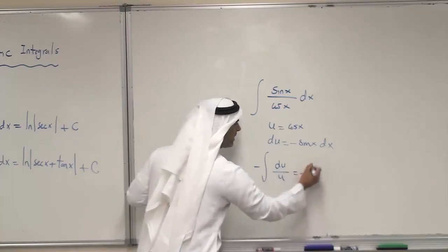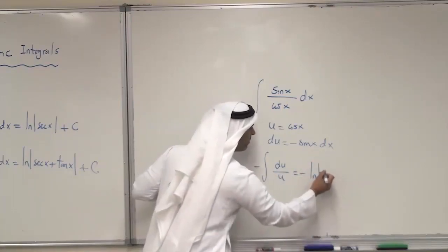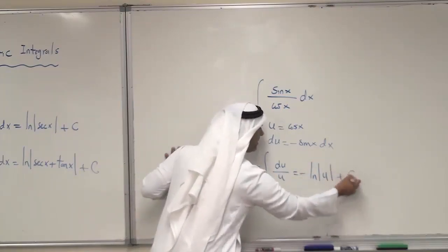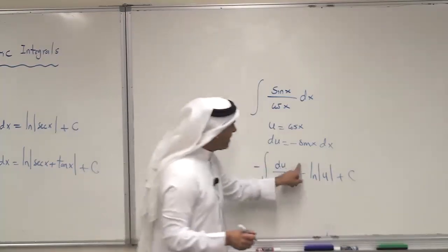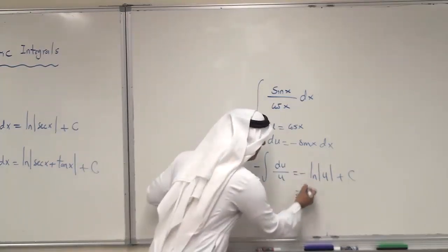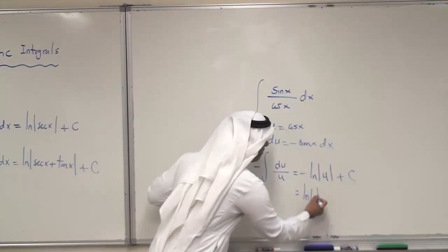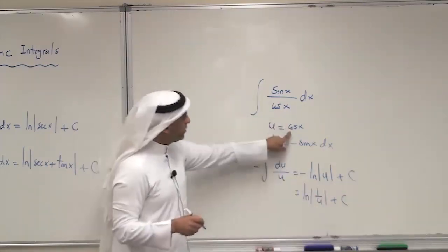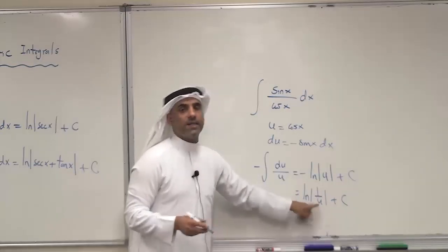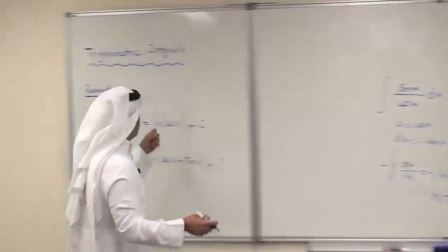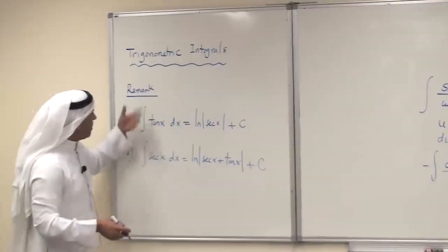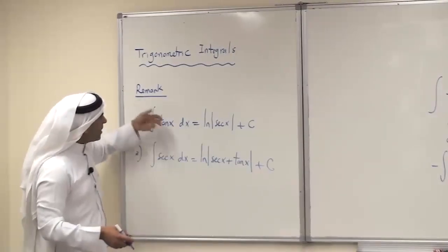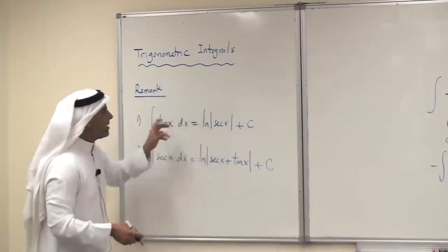That is equal to minus ln absolute value of u plus constant c. Of course, when you take the minus inside, that is ln of absolute value of 1 over u plus constant c. What is u? U equal to cosine. What is 1 over cosine? That is secant. So this is the first one. But usually we use it frequently, so we need to remember this one somehow.